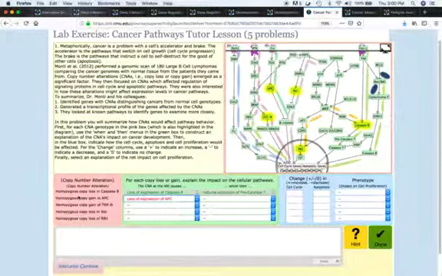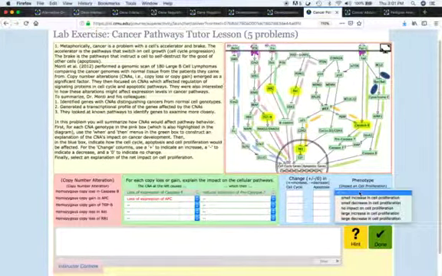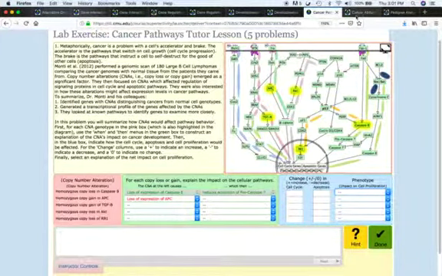So this allows the student to look at a cell with a collection of mutations to determine ultimately whether there is a change, an increase or decrease in cell proliferation that might lead to cancer.